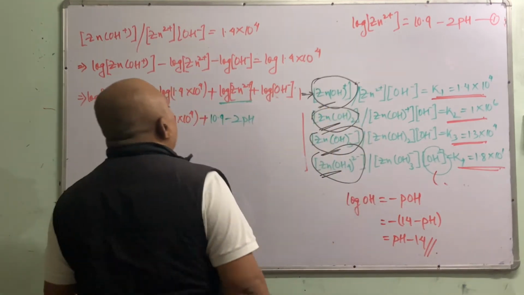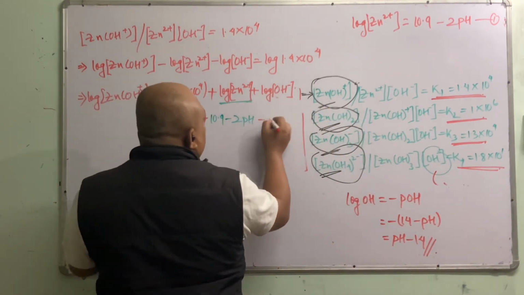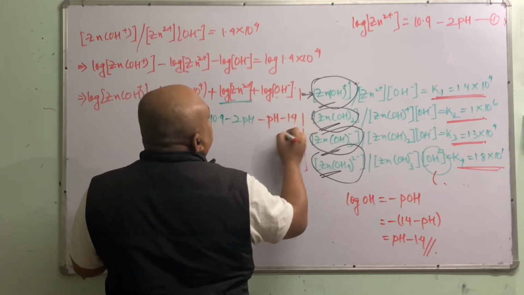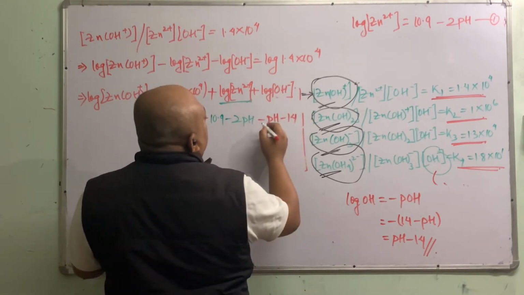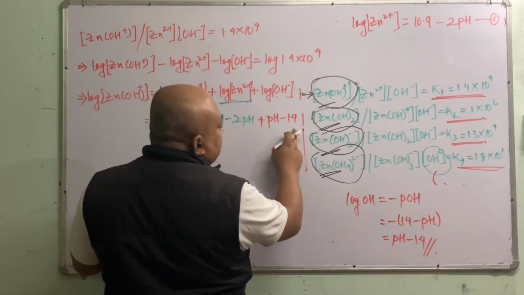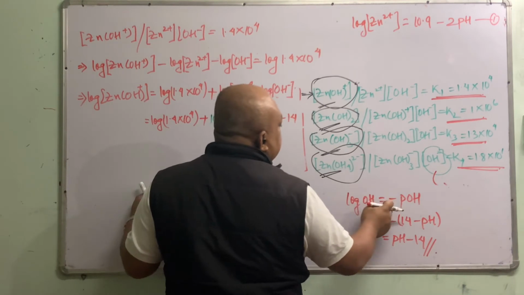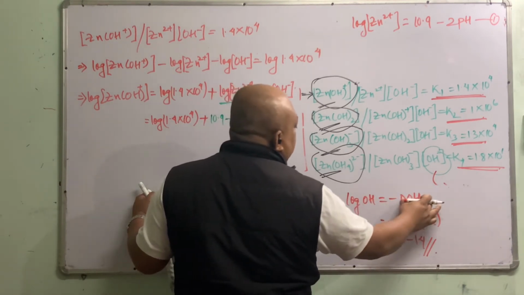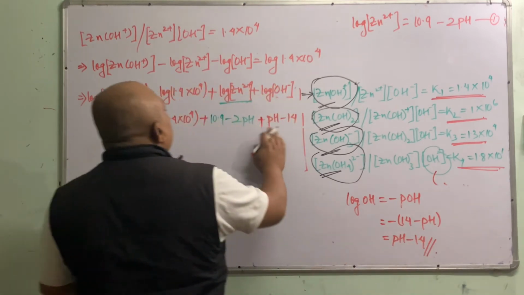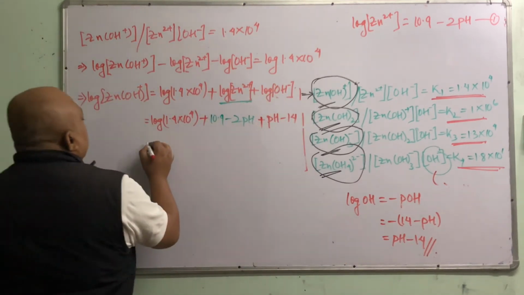Correct? So I can replace log of OH- with pH minus 14. This is correct.